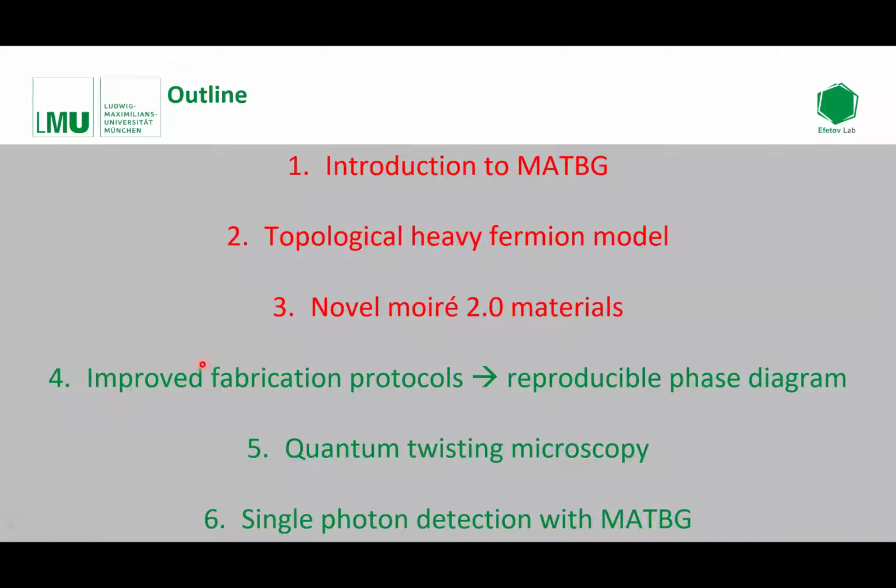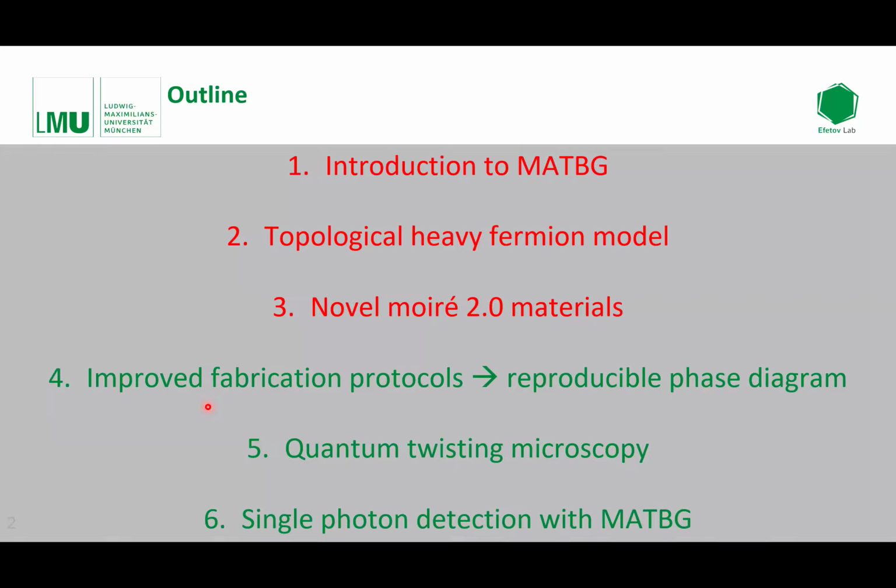And then tomorrow, at the lecture, I will try to give a very recent update on where I believe the field is heading. In particular, we have devised improved fabrication protocols that now allow us to build much more reproducible phase diagrams that also have much less strain in the samples.